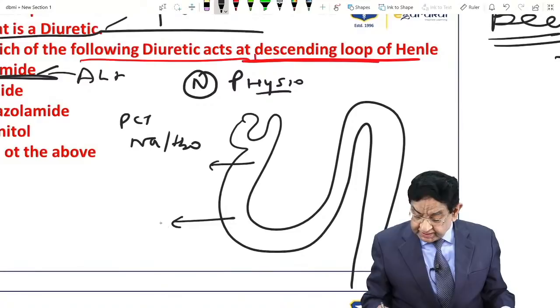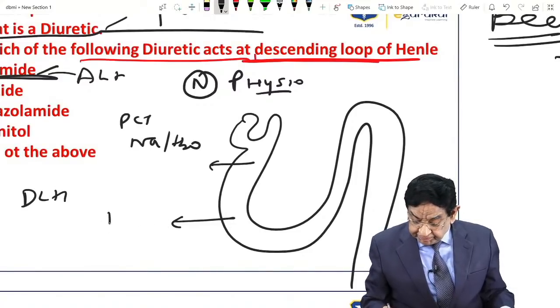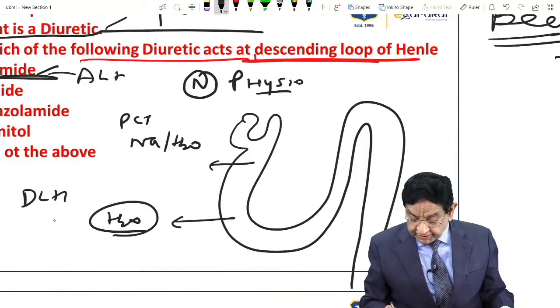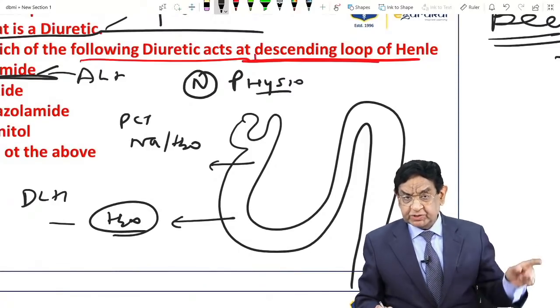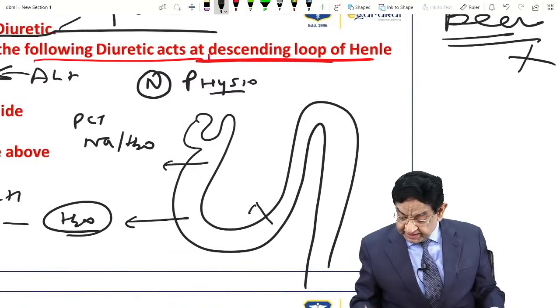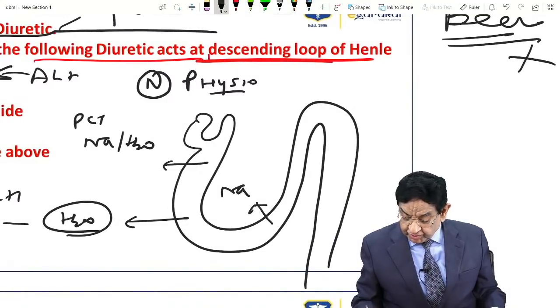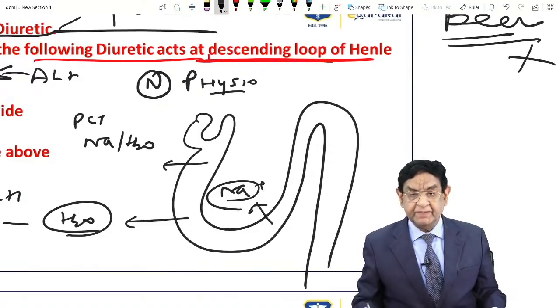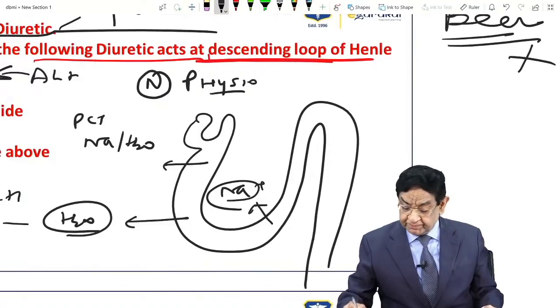This part, the so-called descending loop of Henle, is permeable only to water. It's this part where sodium is not absorbed. And this is the ascending loop of Henle, where only sodium is absorbed, water is not absorbed.